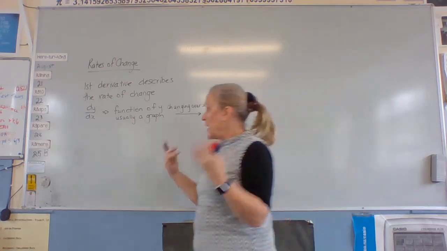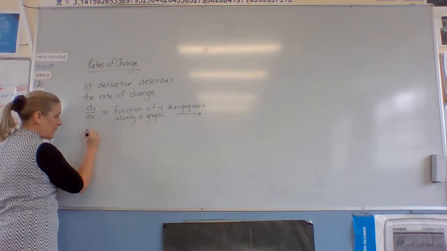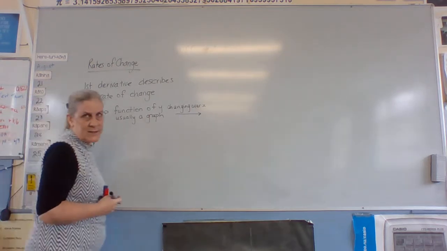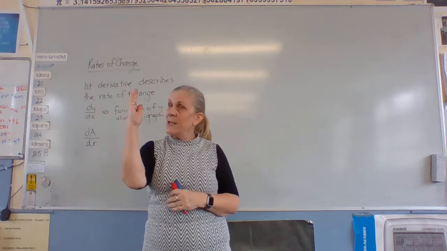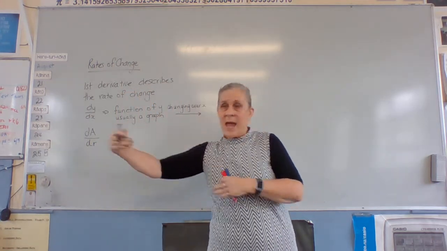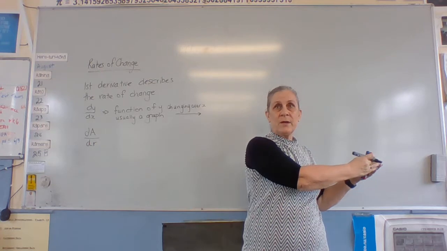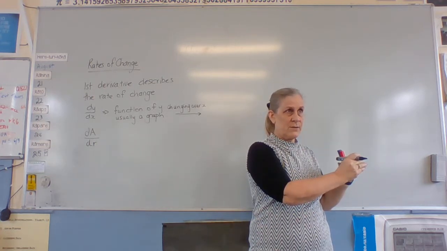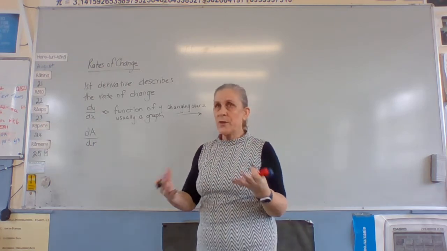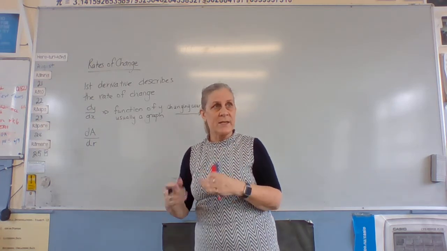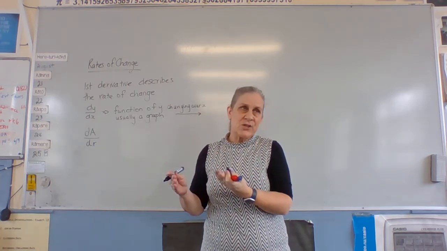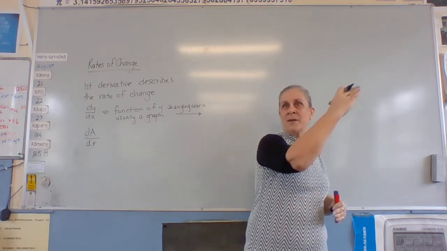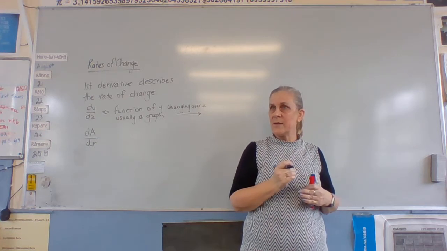We could draw everything as a graph. So this one, the area of a circle changing with respect to the radius. If we had the area of the circle on the y-axis and the radius of the circle on the x-axis, we could look at how it changes, right? Because we know that the formula for the area is pi r squared. So if we start at 0, we haven't got a circle. But the moment we leave 0, we are starting to drive an area, all right?